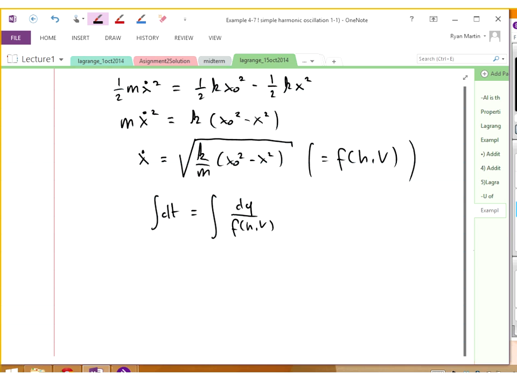So the integral of dt is in principle t, right? So let's write t is the integral from x naught to 0 of dx over a function which is square root of k over m times x naught squared minus x squared.